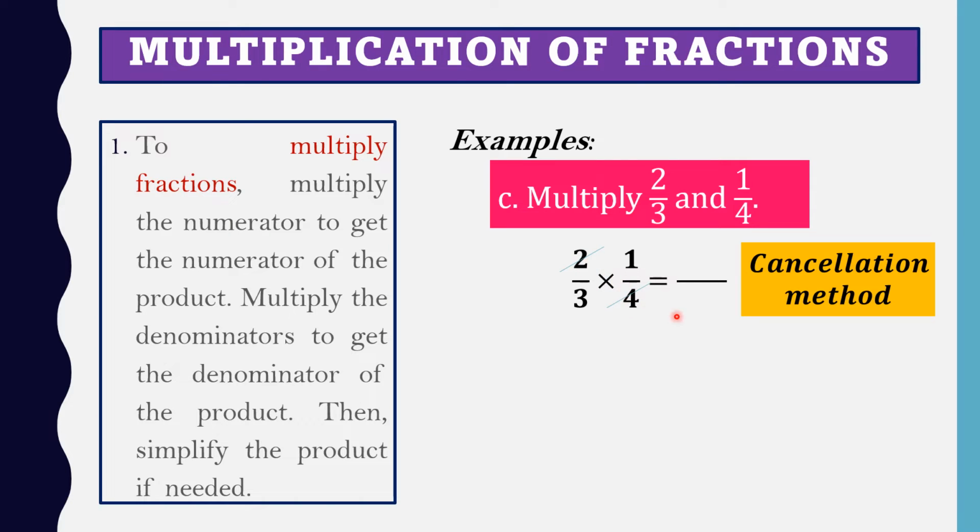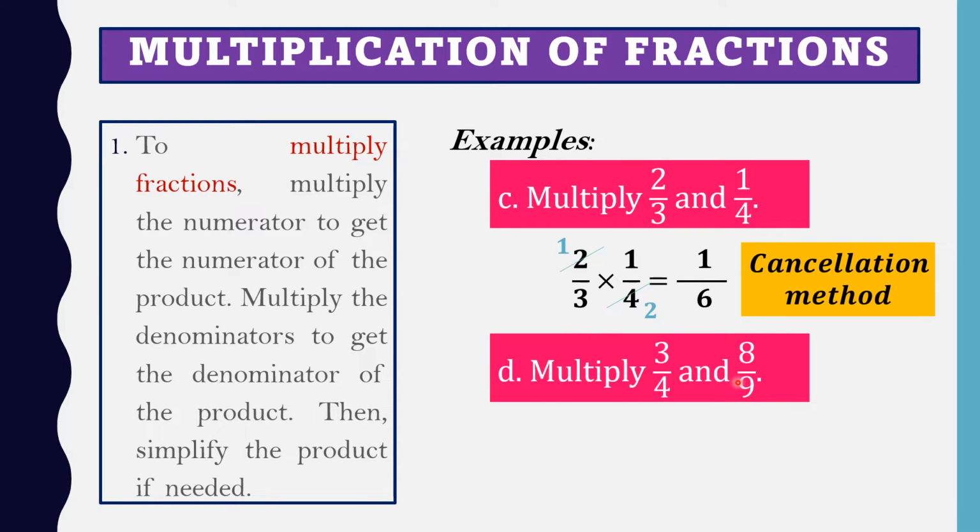That's why we will cancel these and divide them both by 2. 2 divided by 2 is 1, and 4 divided by 2 is equal to 2. Apart from those, there are no other pairs that we could cancel, so we multiply numerator by numerator and denominator by denominator. So 1 times 1 is equal to 1, and 3 times 2 is equal to 6. That is the answer to example C.